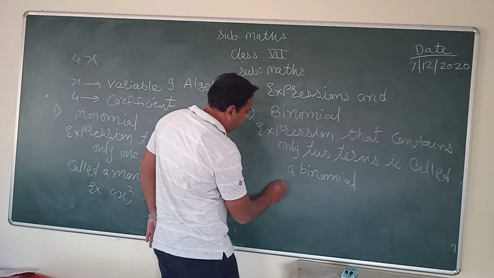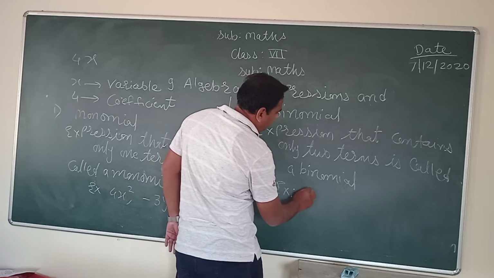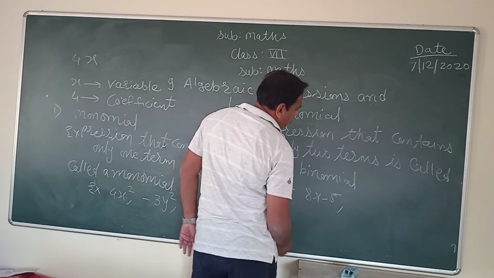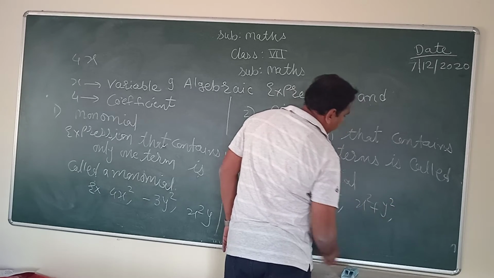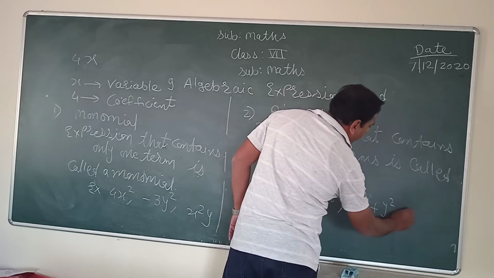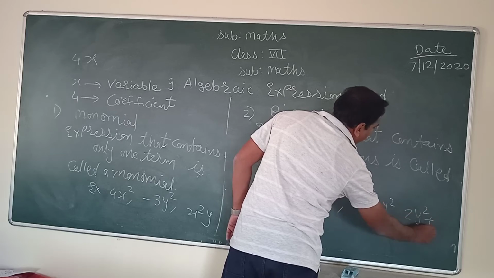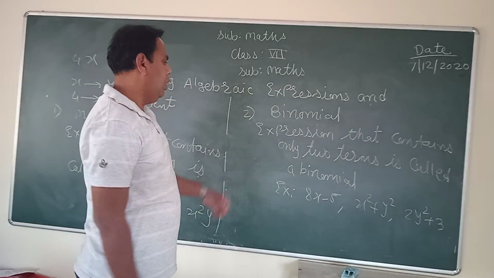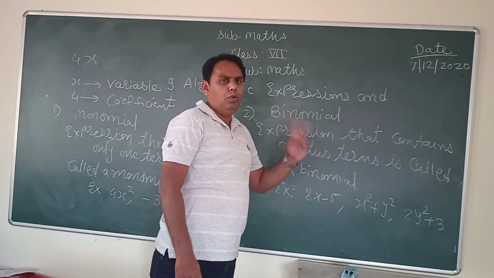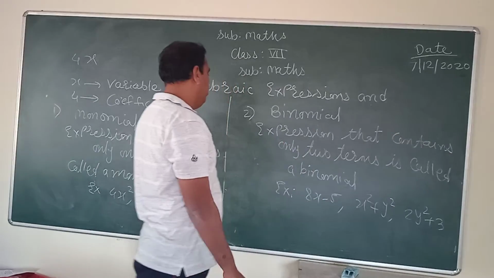For example, 8x - 5, x² + y², then 2y² + 3, like this. These are the binomials because they have two terms. यहाँ पे two terms हैं इसलिए binomial होते हैं.